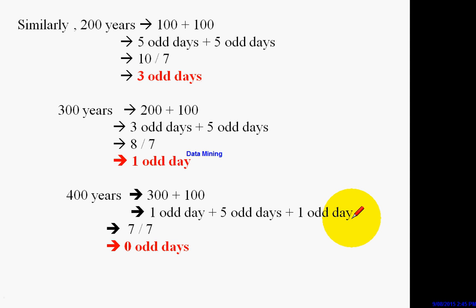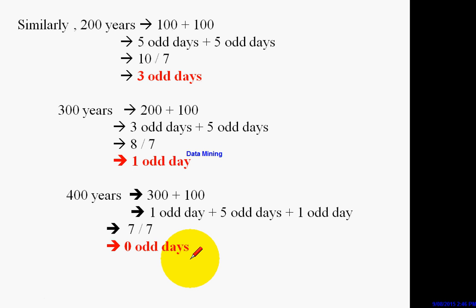So 5 plus 1 is 6, plus 1 is 7. 7 is an exact multiple of 7, the remainder is 0. Therefore 400 years have 0 odd days.